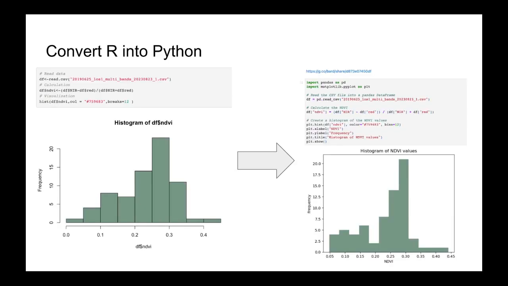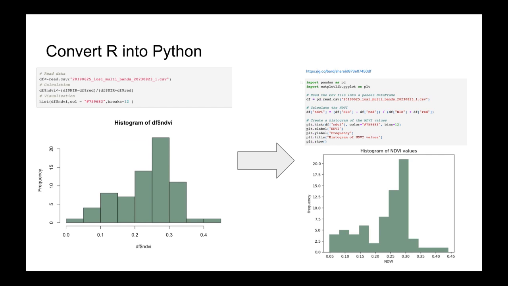Another example is in coding. We know, like in biology, most students use R. In geoscience, most students use Python. And sometimes it's really hard for us to share our code. I found that Bard can convert R code into Python. I tried several examples, and they all gave very good results converting code between R and Python.